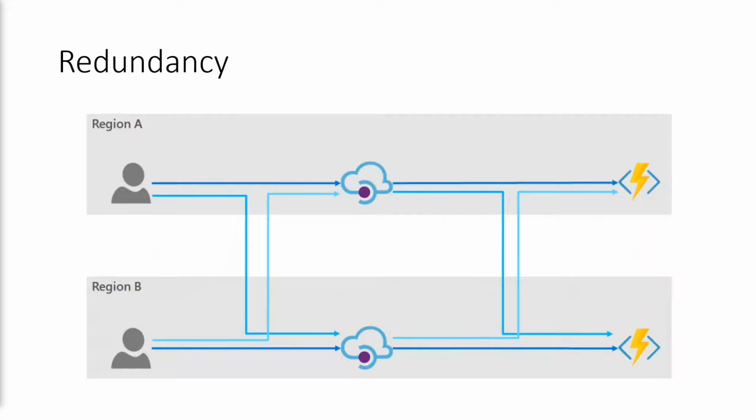You can have multiple instances in multiple regions, but the catch here is, if you notice, the consumer, the person picture over there, needs to have access to both APIs, and he needs to know, inside of the application design, to switch or fail over to the next one. It might come to mind that this is not the best scenario that you can design.